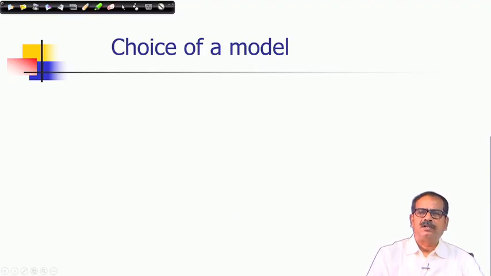So, the choice of a model is very important. It comes from knowledge or analysis of a particular system, or analysis of how the data are generated and obtained. From there you can get that information and choose an appropriate model.